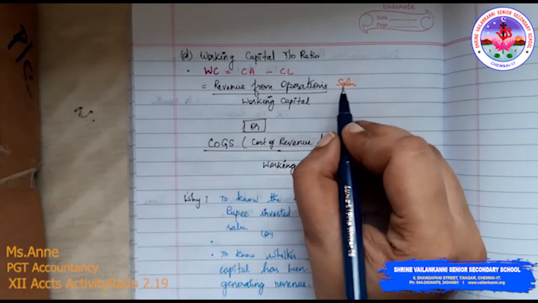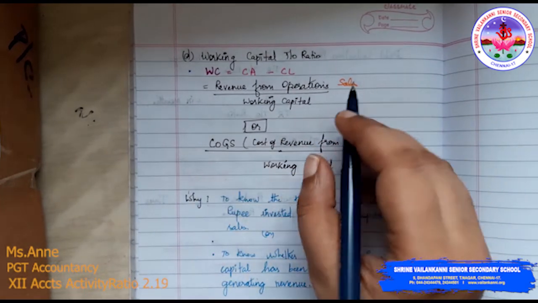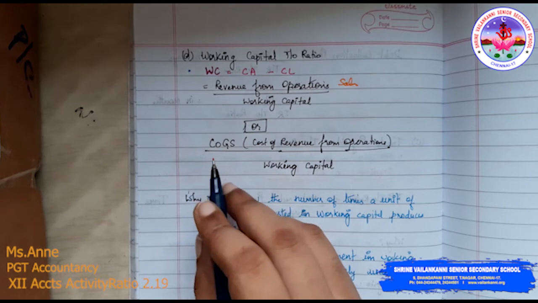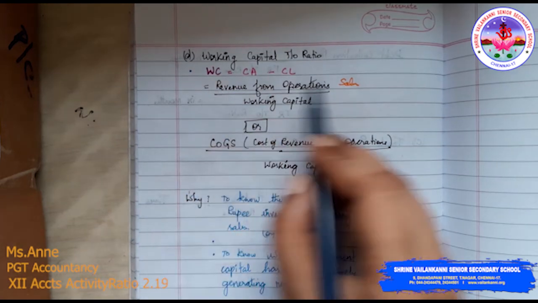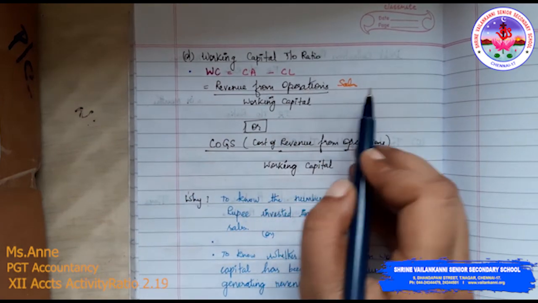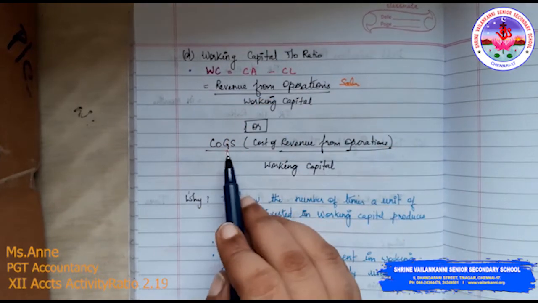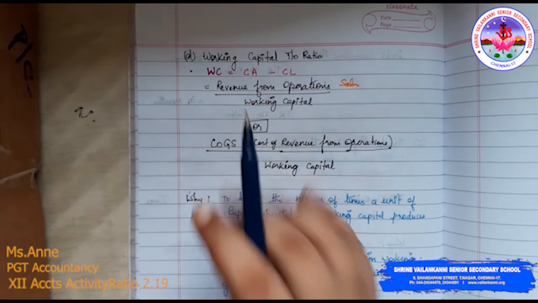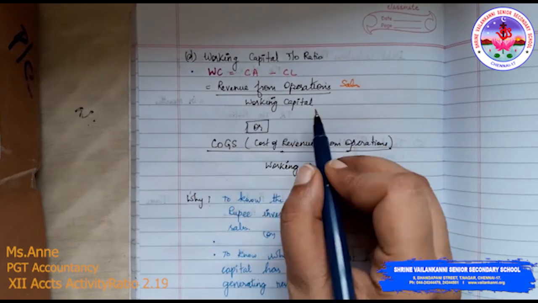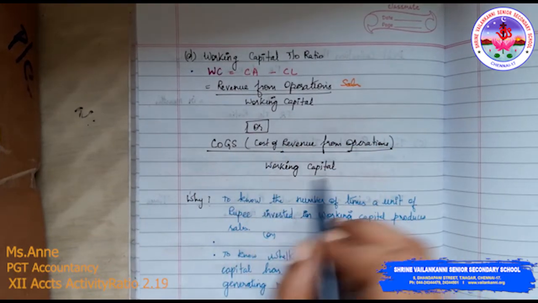There is a difference between sales and cost of goods sold. Sales minus gross profit will give you cost of goods sold. So if the problem gives only sales, you use this formula. If the problem gives cost of goods sold, then use that formula. So, revenue from operations divided by working capital, or cost of goods sold divided by working capital.